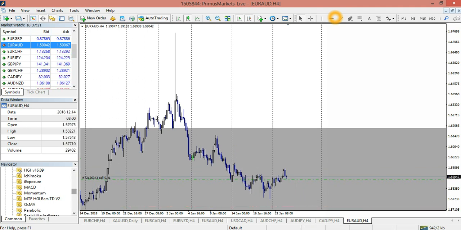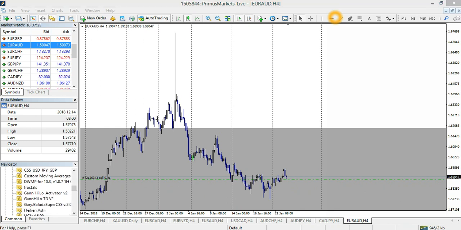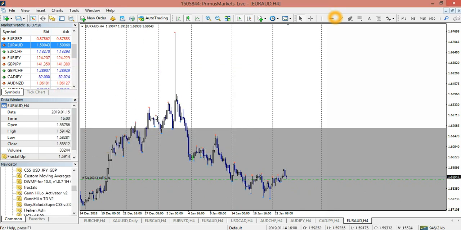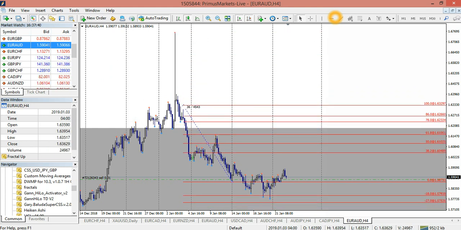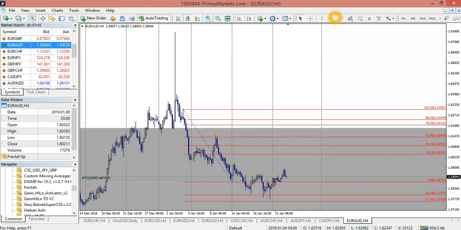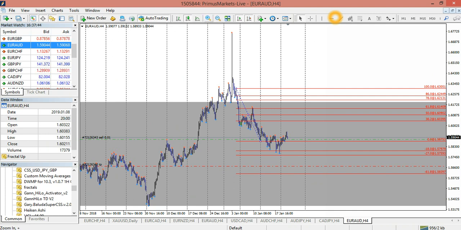What I do, I can just introduce you to something, but I won't spend a lot of time on it, is that I use Fibonacci's, right? So one of the things that I will do is wait for the market to pull back, right? You don't need this at all.